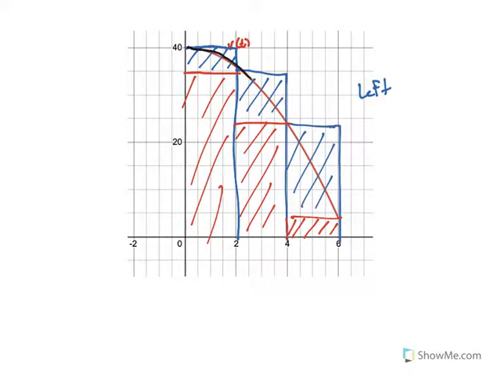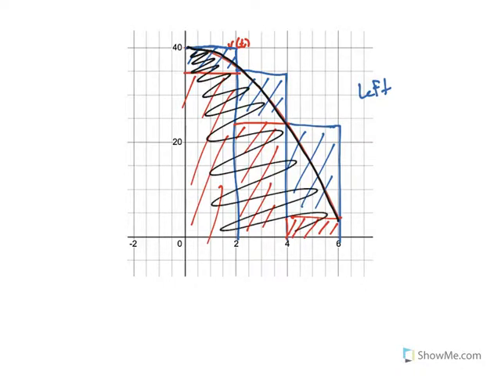V of t is this quadratic here, and the actual area under the curve is that whole thing.